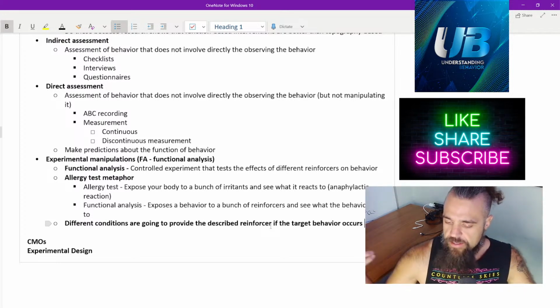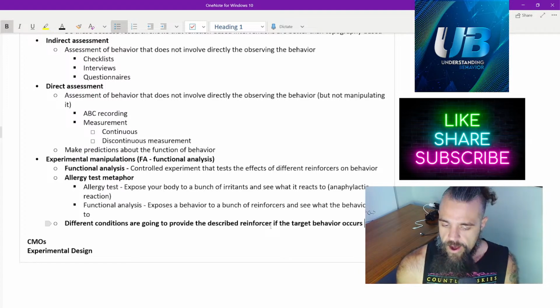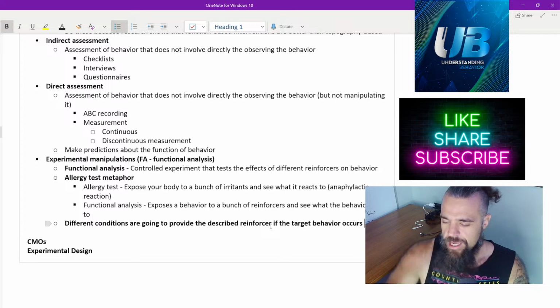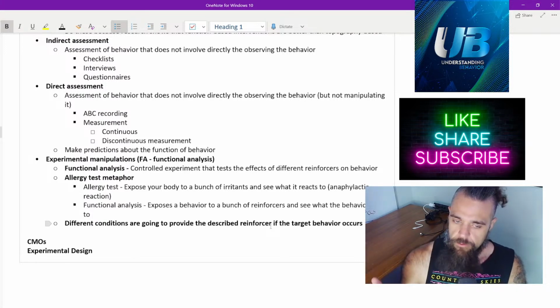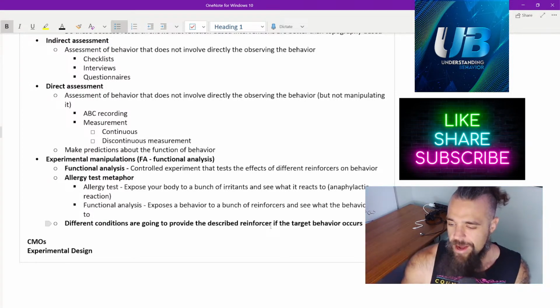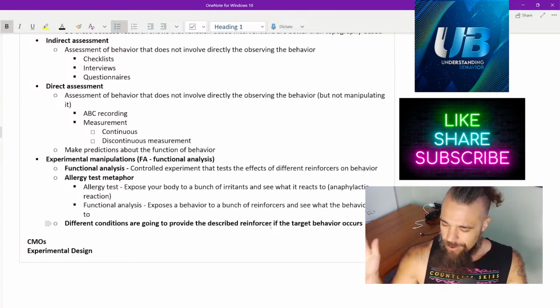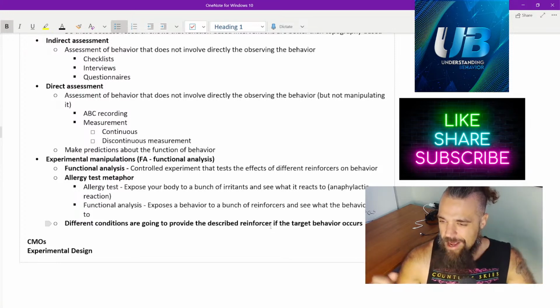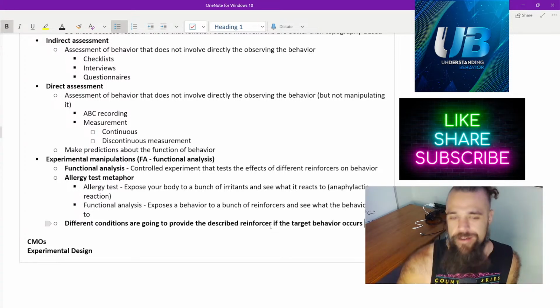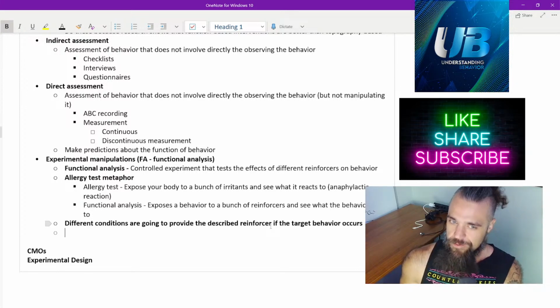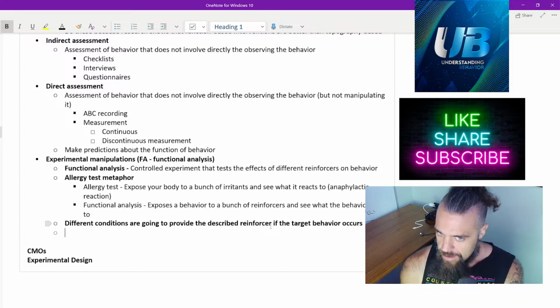For example, in an access condition, let's say you have the kid's iPad in your hand, and they will hit you. That's the behavior we're looking at. You give them the iPad, then take it away after a little bit, and no matter what they do, you don't provide the iPad, but if they hit you, then you just give them the iPad. It feels really counterintuitive to run, especially if you've been doing this kind of work for a while. But that's the gist of all of these different conditions.